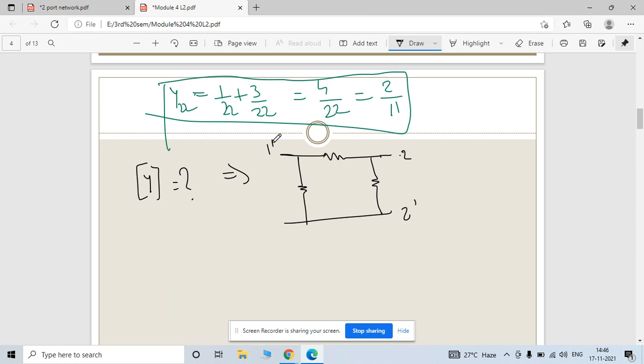Now this is already in pi network. So this is your 1 mho, 2 mho, and this is your 3 mho. The unit of mho is equal to Siemens. I hope this is clear to you.